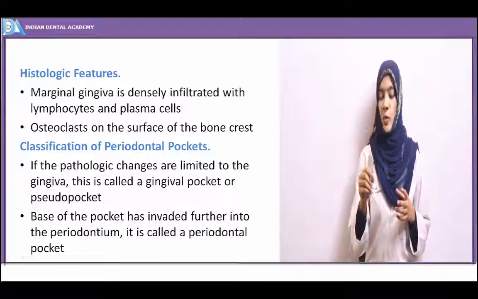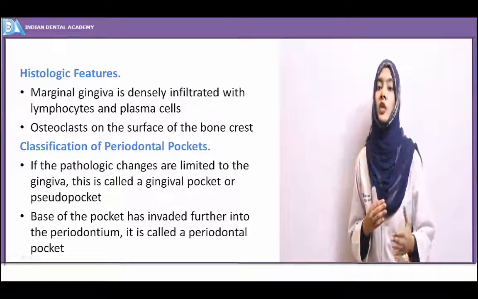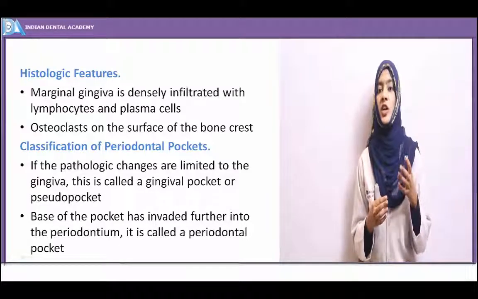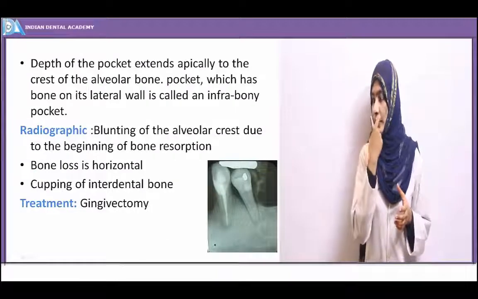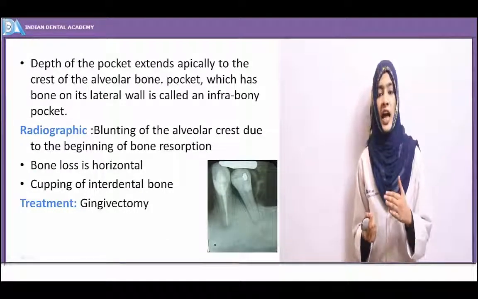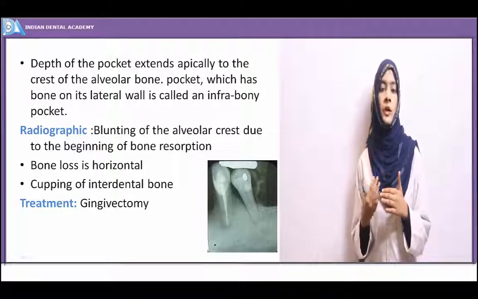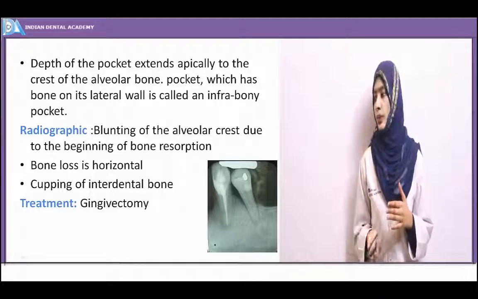If the base of the pocket has further invaded into the periodontium, with more than 3 to 4 mm of gingival sulcus or crevice, that denotes a periodontal pocket. If the pocket extends apically beneath the crest of the alveolar bone, it is called an infrabony pocket. It is usually surrounded by bone on its lateral wall only.